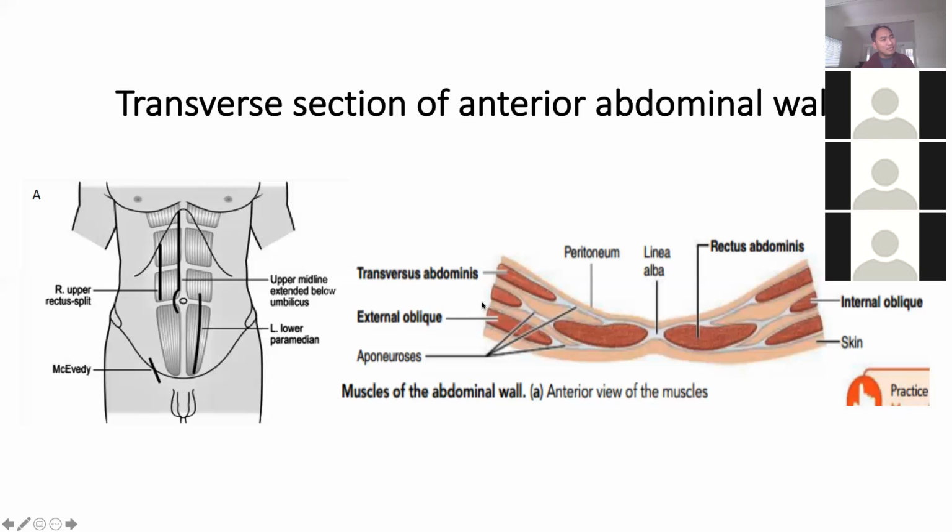And if you look at that, the internal oblique aponeurosis splits into two. The anterior portion of the internal oblique will fuse with the aponeurosis coming from the external oblique muscle, and the posterior branch of the internal oblique aponeurosis will fuse with the transversus abdominis aponeurosis.